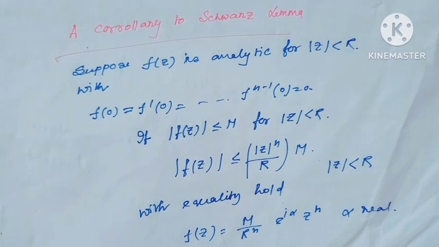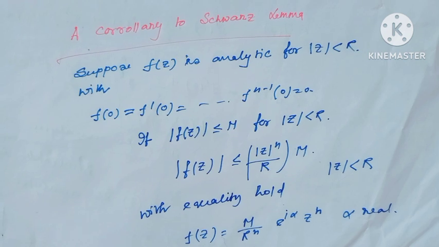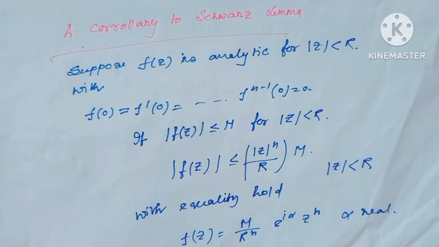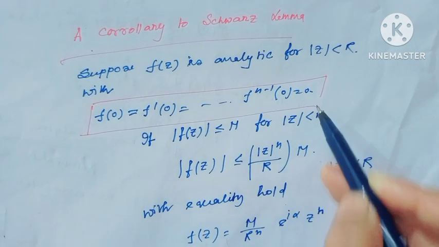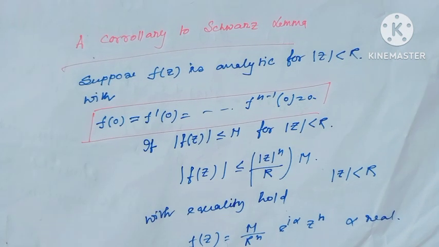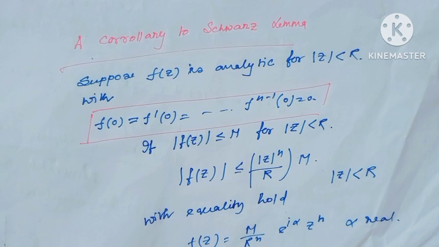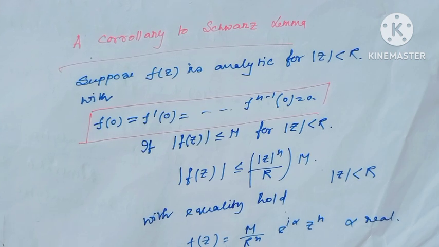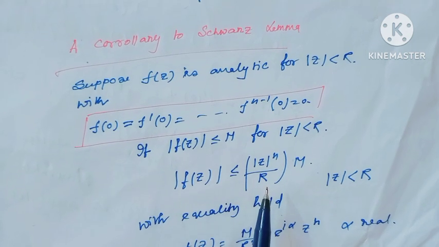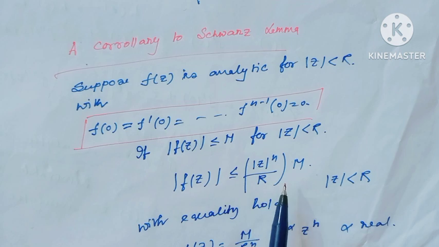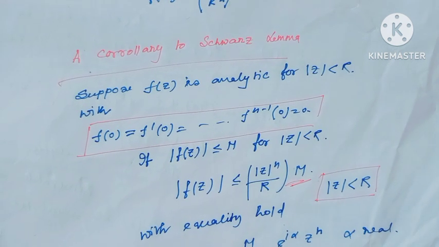That means the corollary to Schwarz lemma: suppose f(z) is analytic for modulus of z less than r, with the condition f(0) equals f'(0) up to f^(n-1)(0) equals 0, and if modulus of f(z) is less than or equal to M, and this is true for all modulus of z less than r, then absolute value of f(z) is less than or equal to (absolute value of z to the power n over r^n) times M, with modulus of z less than r.